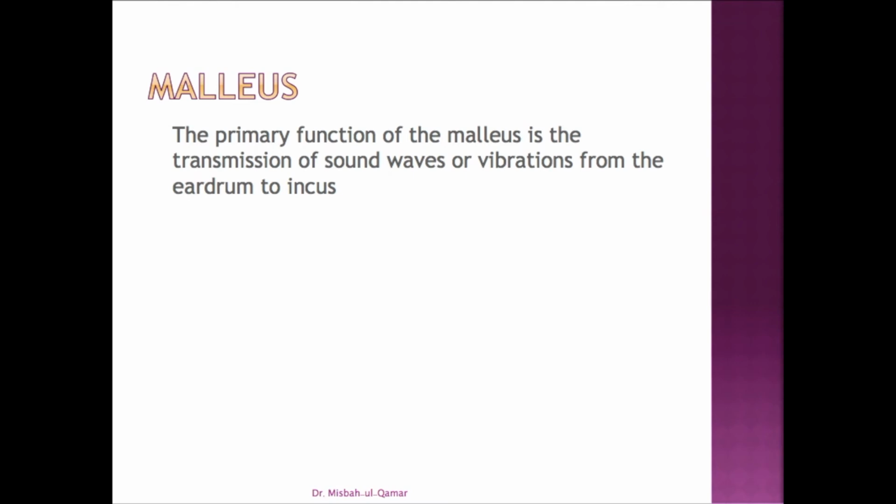Now, the handle of the malleus is attached with the internal surface of the eardrum, and the head of the malleus is attached with the body of the next bone, that is incus. So, what function does it perform? The primary function of the malleus is the transmission of sound waves or vibrations from the eardrum to the next bone, that is incus.